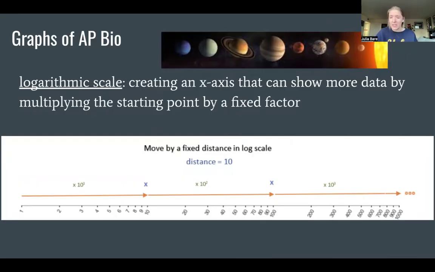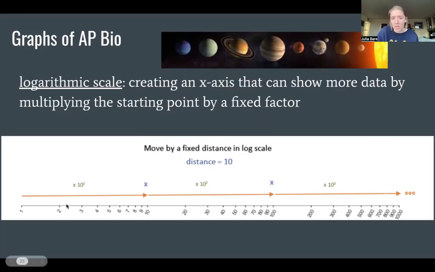Well, it basically means that instead of increasing your x-axis by 1, 2, 3, 4, 5, or 2, 4, 6, 8, 10, or 5, 10, 15, 20, 25, 30, instead of increasing by the same number each time, you're going to increase by a logarithmic value.